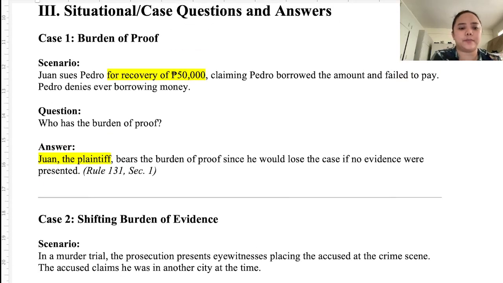Next question. In a murder trial, nagpresent ang prosecution sang mga witnesses, placing the accused at the crime scene. The accused claims he was in another city at the time. Who has the burden of evidence now?